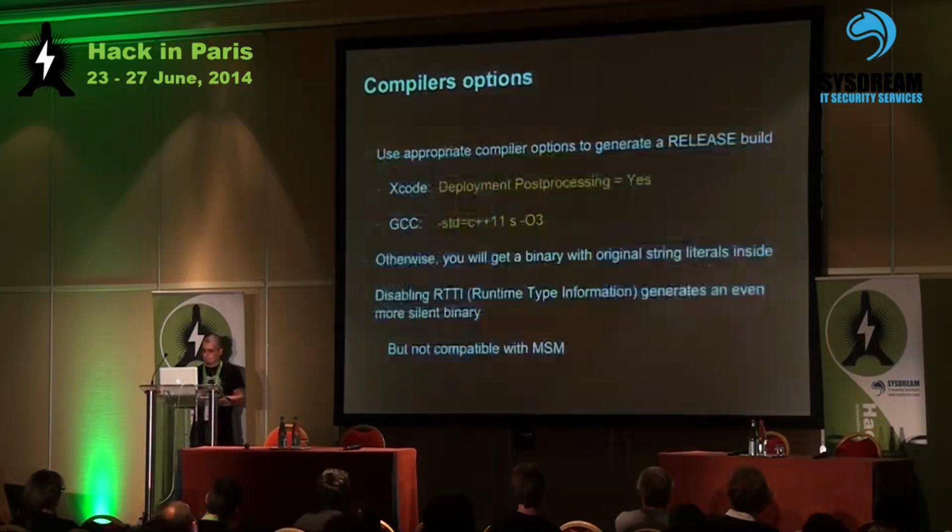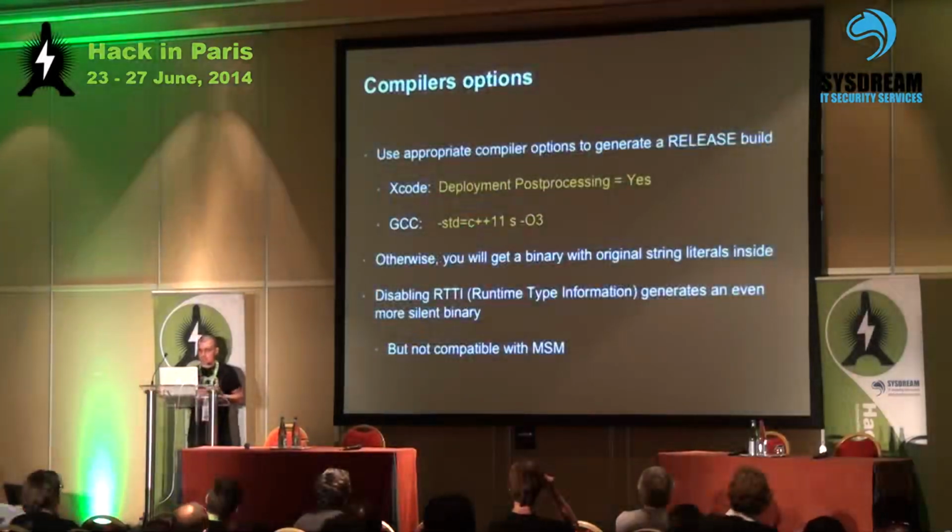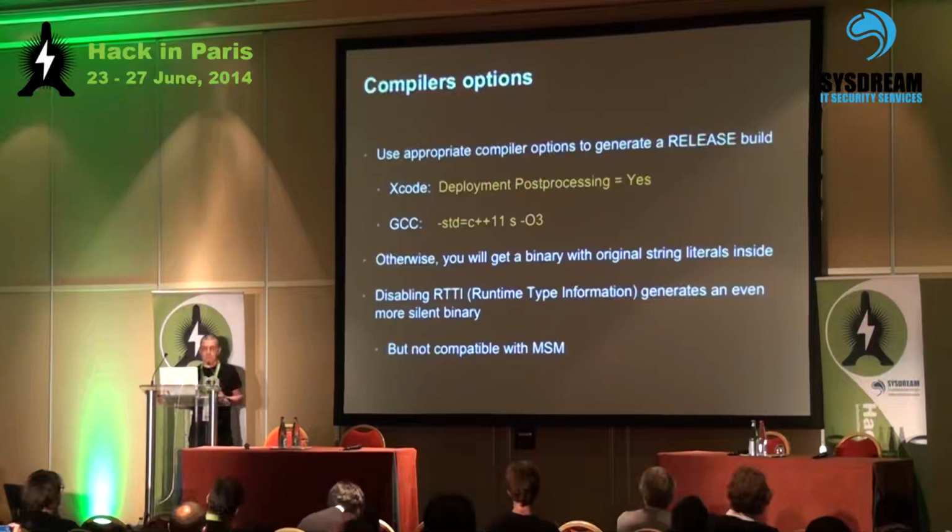You have to be careful with your compiler options, because if you are not paying attention, the compiler may generate some debug code, and in the debug code you will have the original string, for example. So it's important to use the right options in release. With GCC, it's not C++11 by default.